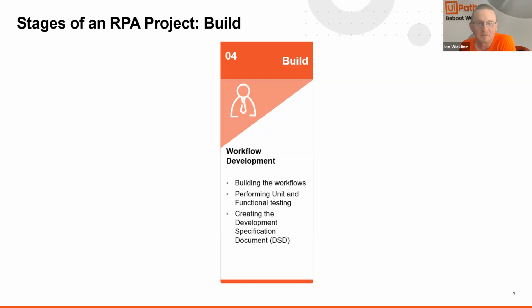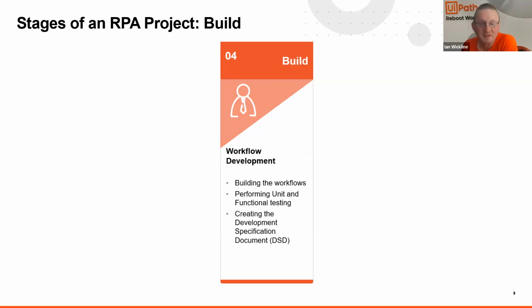And then on the opposite side, the idea of creating the development specification document, a comprehensive document really trying to serve as a reference for the developed automation solution. Trying to provide detailed information about the design, the functionality, and the actual implementation of the workflows.